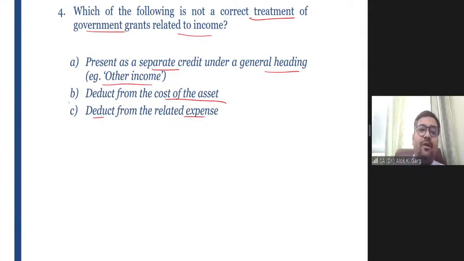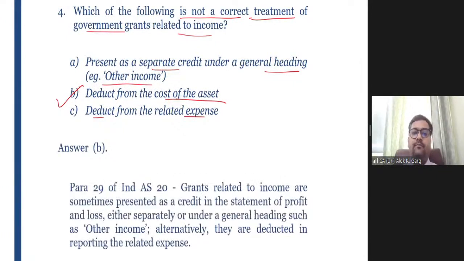Yes, B is not the right option. So the right answer is B, because the question is asking for the incorrect option.